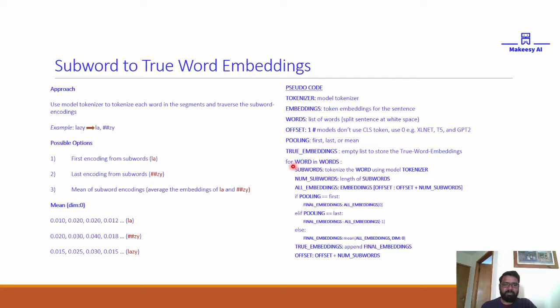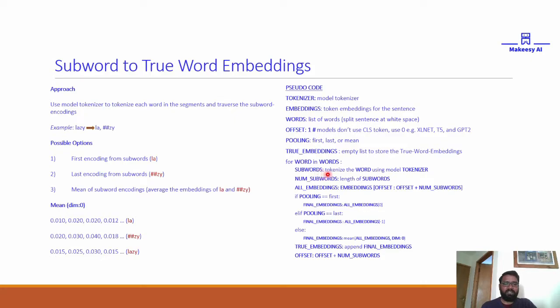So here you simply take the words and iterate over all the words that we get from splitting the sentence on white spaces. Okay, you take the first word and then run the tokenizer on that particular word, and you will get the subwords. Now you simply count how many subwords there are, and then you extract the embeddings for that particular word.